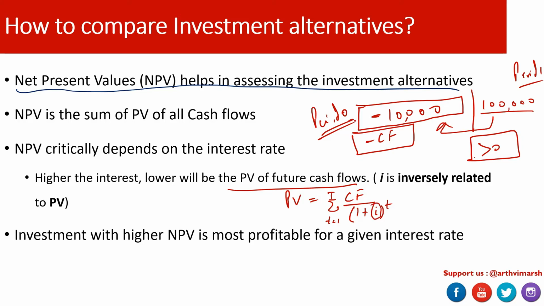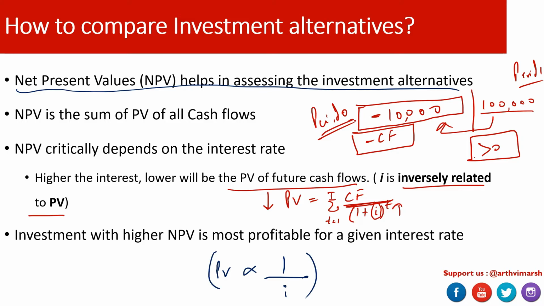This denominator is increasing, which implies the PV will go down. So our PV of the future cash flows is affected inversely. You should be very clear that PV is inversely related to the interest rates.